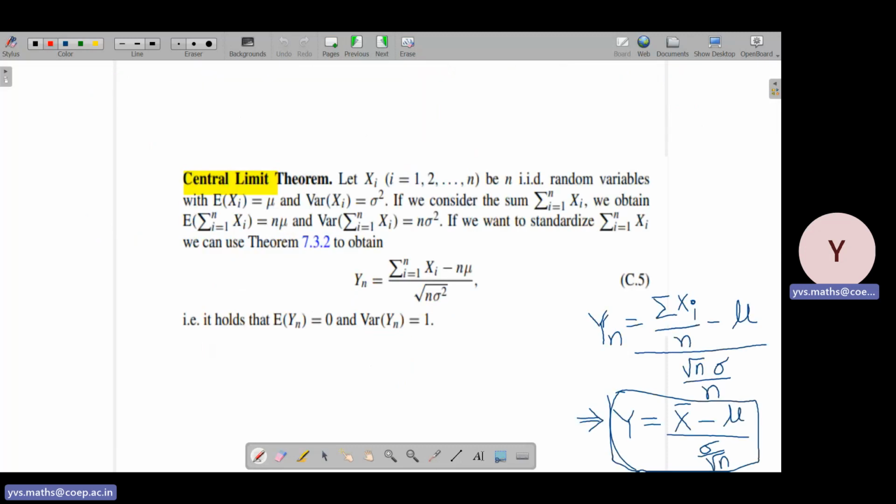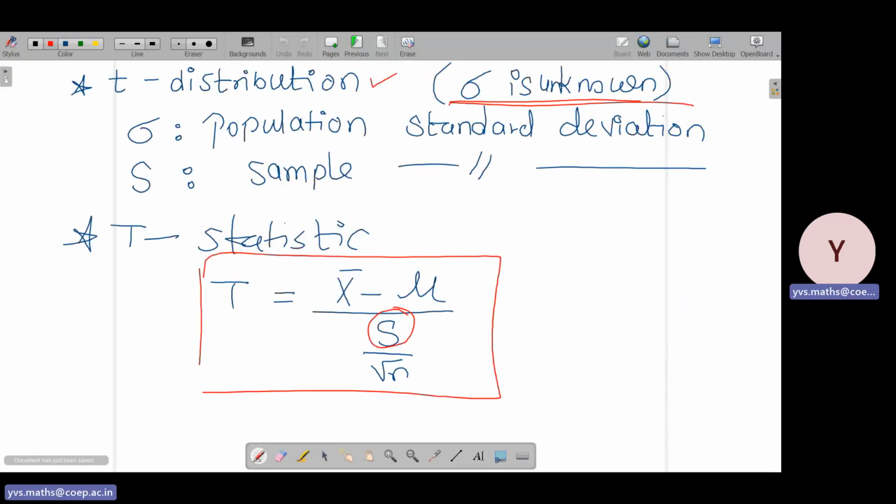One should understand that in the central limit theorem there is sigma in the denominator. But if sigma is unknown, we replace sigma by s, and it gives rise to a new statistic, which we call t. So t is x bar minus mu upon s upon root n.